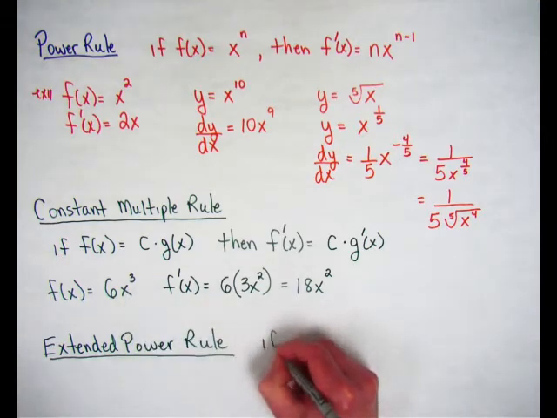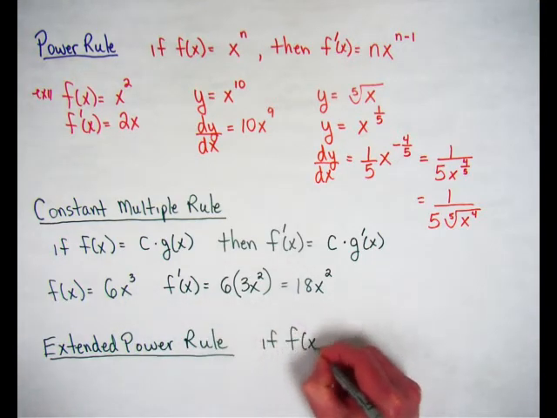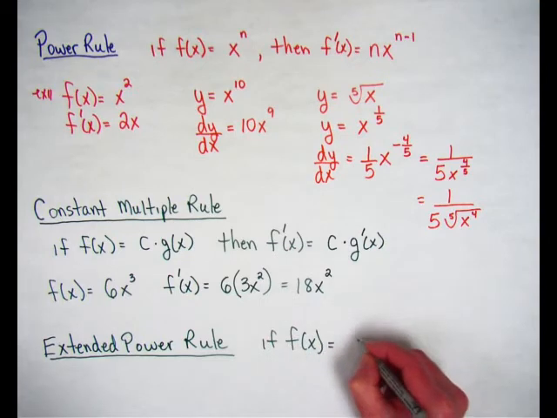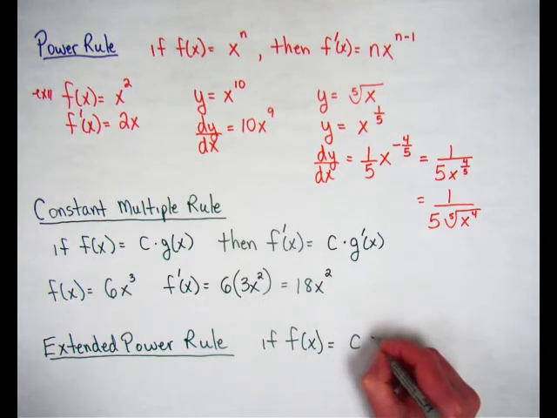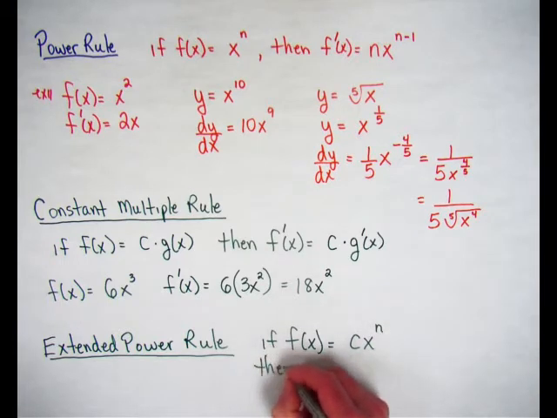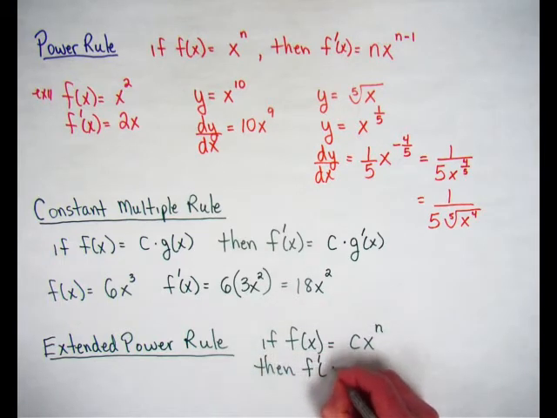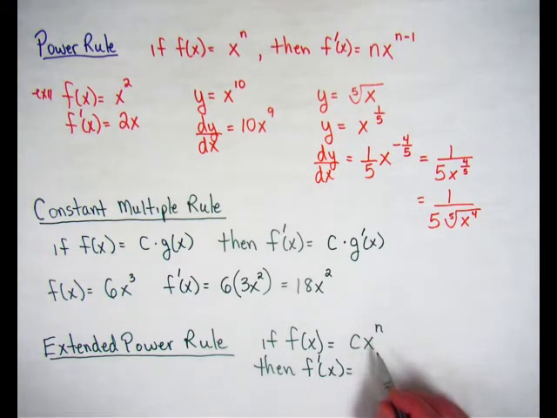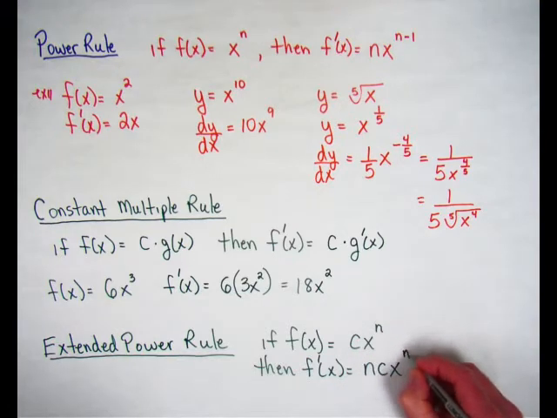So it says if you have a function f of x that's equal to some constant c times x to the n, then the derivative, f prime, instead of doing this separately as a constant times a function, this extended power rule says that you can just multiply the power out front. So we would just go n times c times x to the n minus 1.